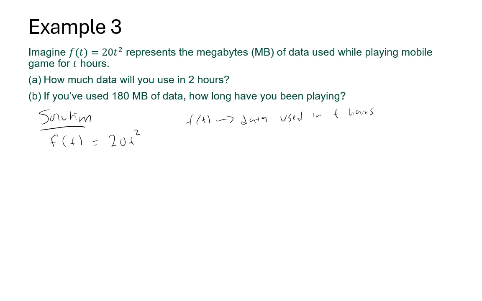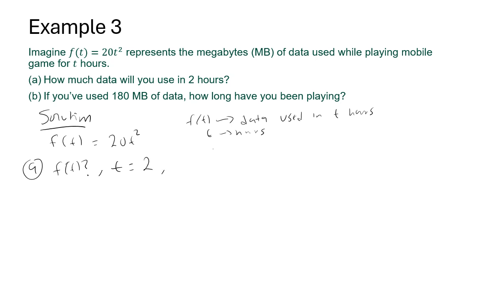So t is the hours. So the first question, we are asked how much data will be used in 2 hours. So in this case, we are asked to find f of t, how much data, and we are given t equal to 2 hours.